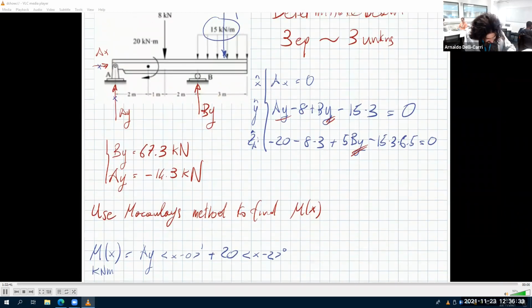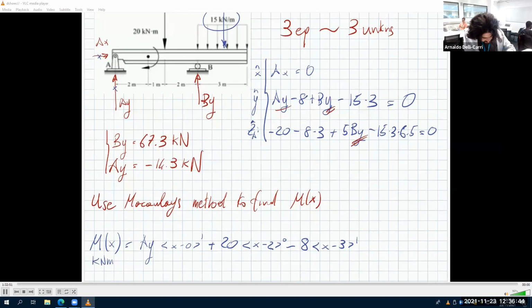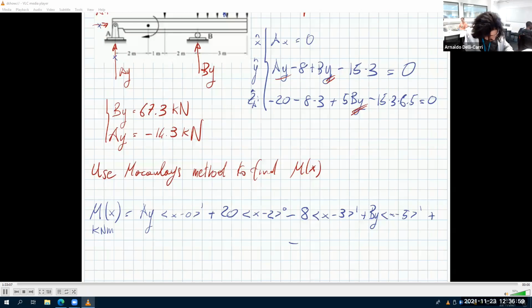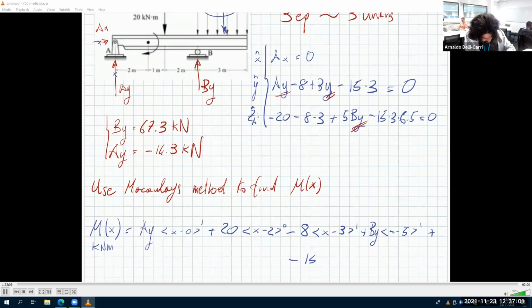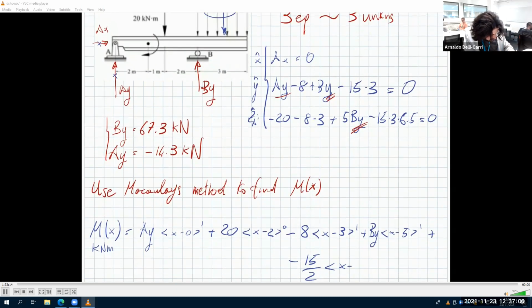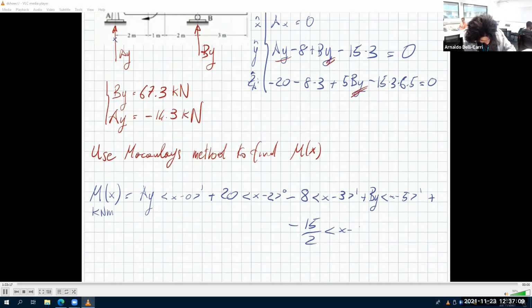Then we have negative 8 kilonewtons times x minus 3 to the power of 1, plus By times x minus 5 to the power of 1. And then we have minus, so plus minus 15 divided by 2 times x minus 5 again to the power of 2.